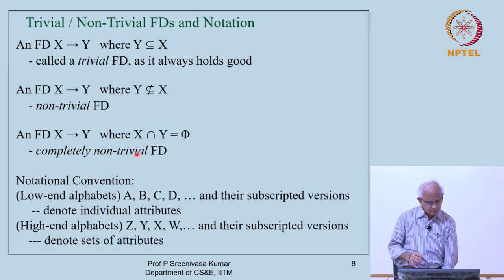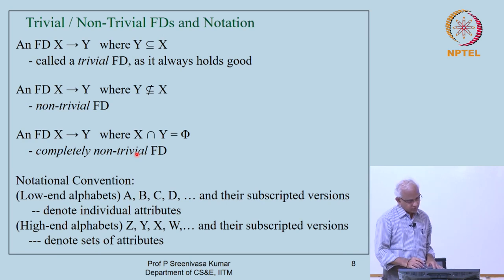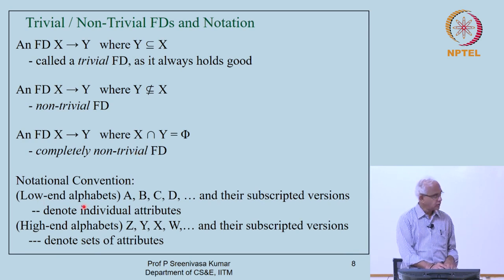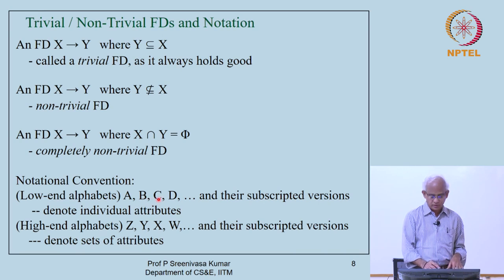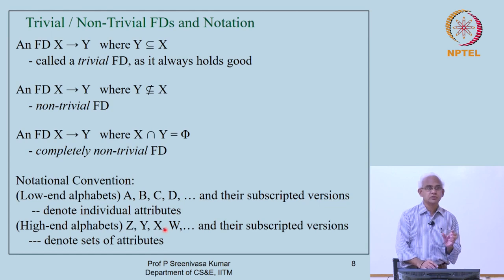Before we proceed, here is a bit of a notational convention. We will use the low end alphabets A, B, C, D, along with their subscripted versions like A1, B1, C1, to denote individual attributes. And the alphabets on the high end, X, Y, Z, W, U, V, etc., we will use for sets of attributes.